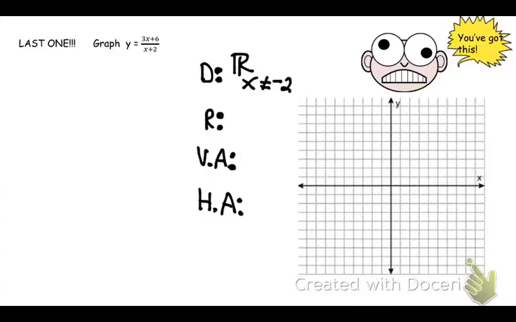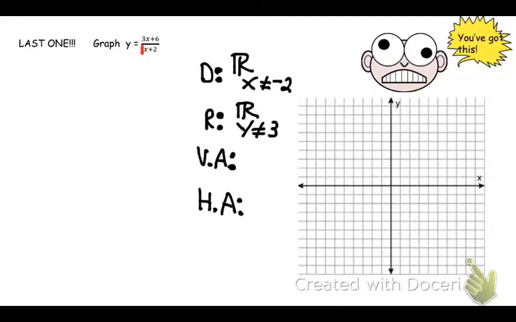Then we're going to look at our range, and our range is basically going to be a ratio of the x values. So if I put a 1 here, 3 over 1 is 3. So our range is going to be all real numbers except y cannot equal 3.